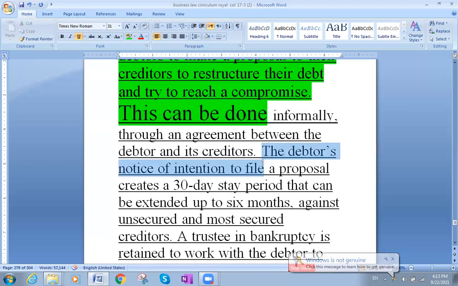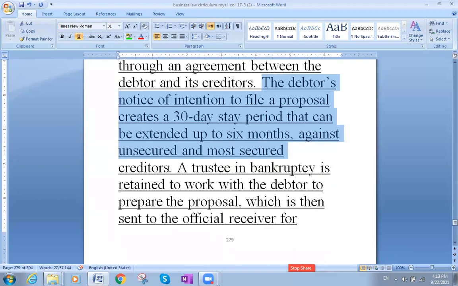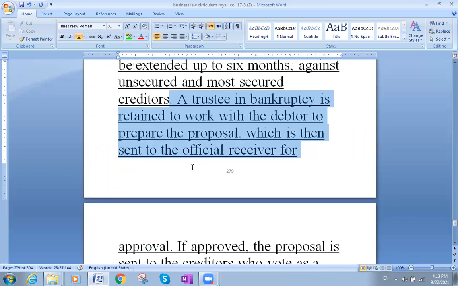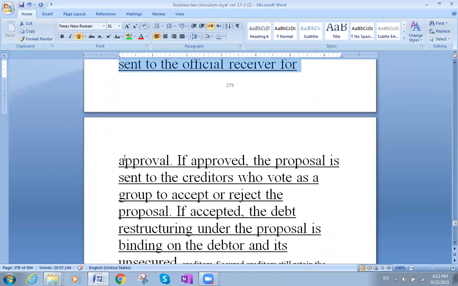Then the debtor's notice of intention to file a proposal creates a 30-day stay period that can be extended up to 6 months against unsecured and most secured creditors. A trustee in bankruptcy is retained to work with the debtor to prepare the proposal, which is then sent to the official receiver for approval.